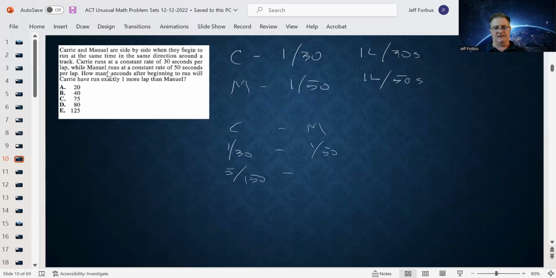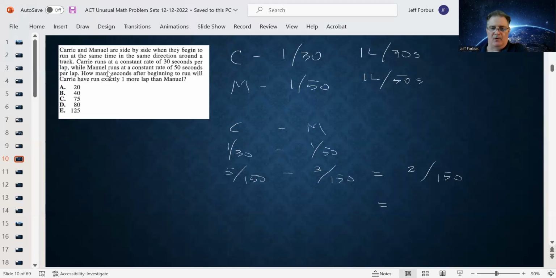Now I've got to multiply this one by 3 over 3. So that's going to leave me 3 laps over 150 seconds. So Manuel can run 3 laps in 150 seconds. Carrie can run 5 laps in 150 seconds. The difference between the two is 2 laps in 150 seconds.